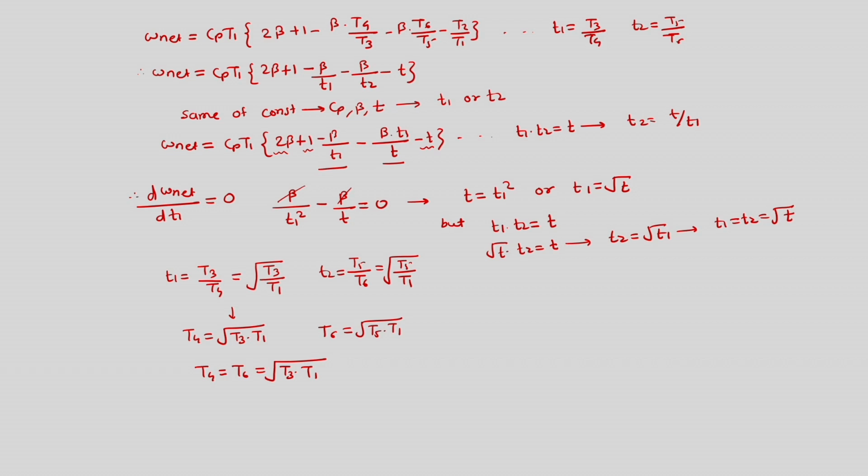So we are having a diagram which is a TS diagram, again special for optimum case, and for the diagram we should have T4 is equal to T6. So these two temperatures should be same.